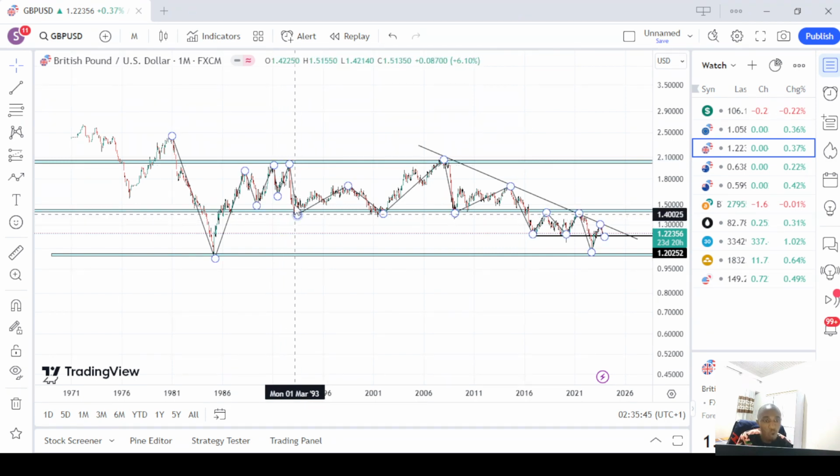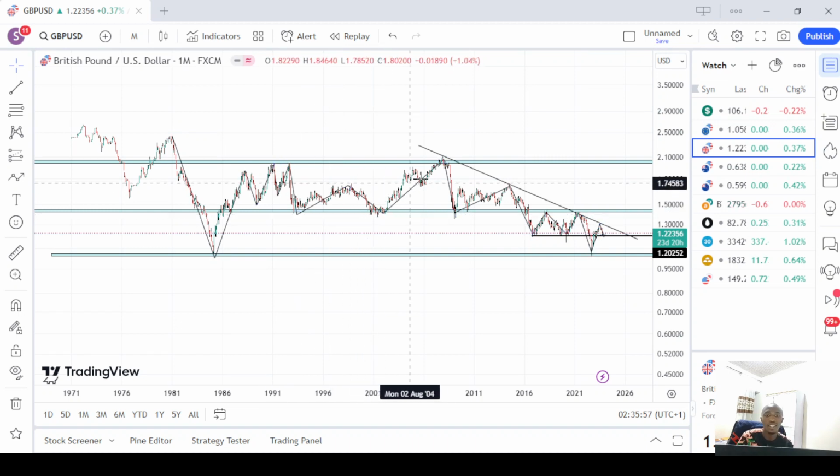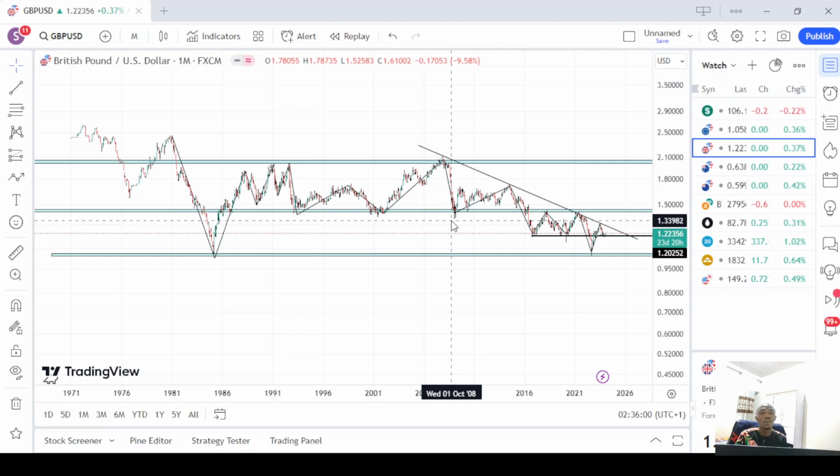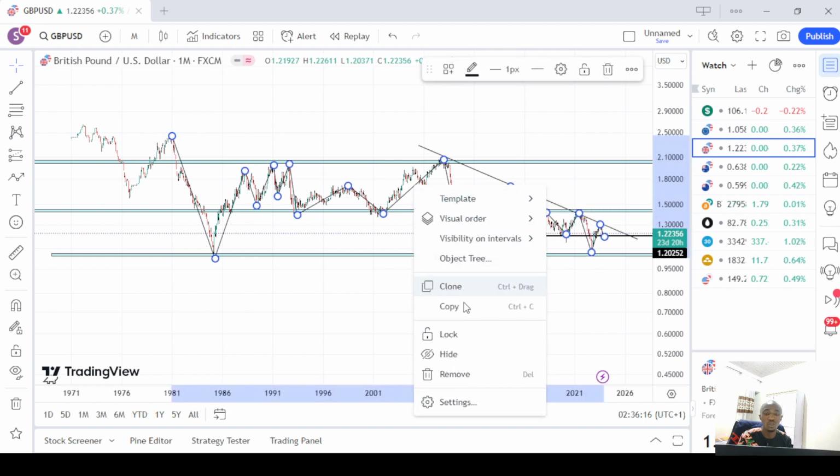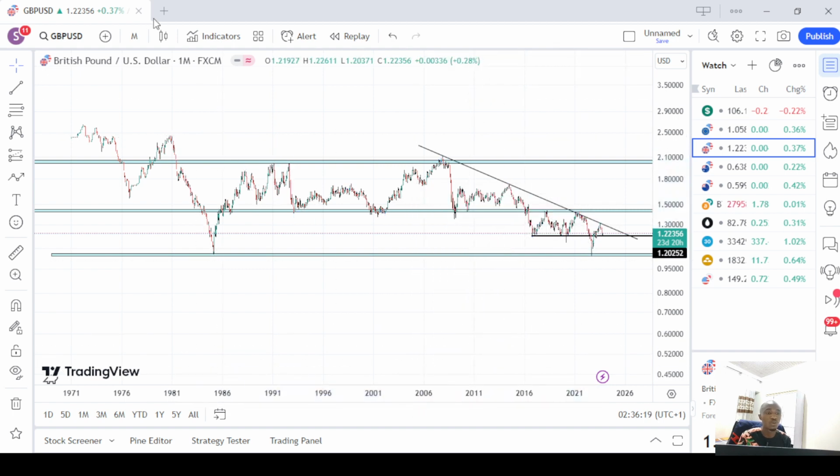Then it gave a lower low than this, then a lower high, lower low, which is equal lows with this coming up. So you can see this is the principle behind our support and resistance zone that we drew, and how the market structure is playing around those levels.